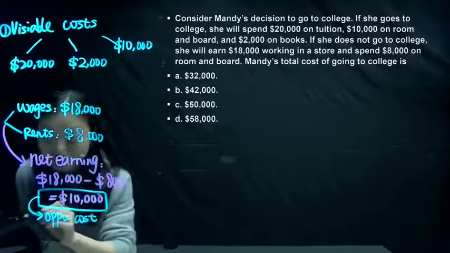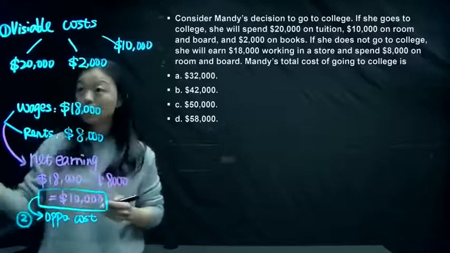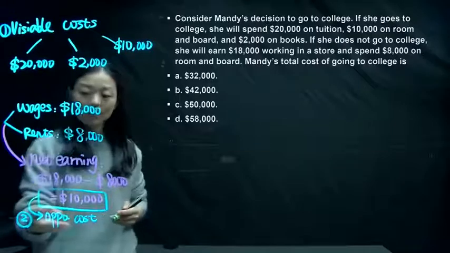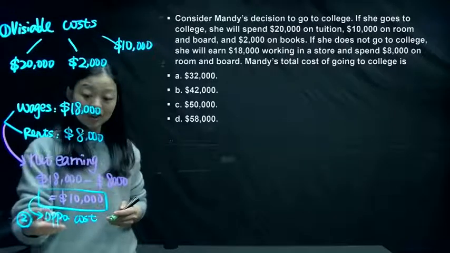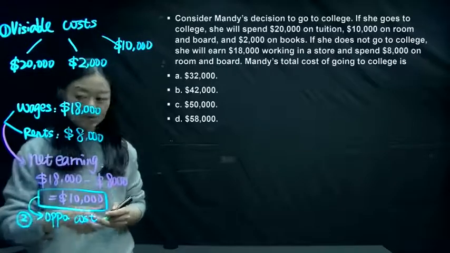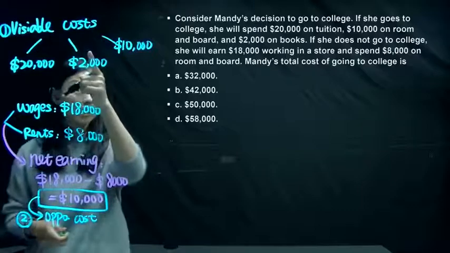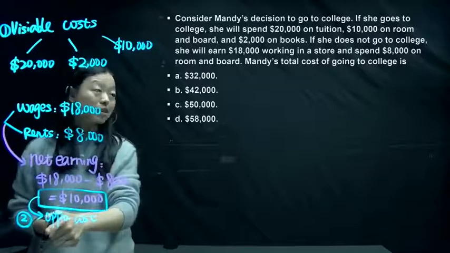And then she also needs to consider, if she decided to choose going to college, the things that she needs to give up, right? $10,000.